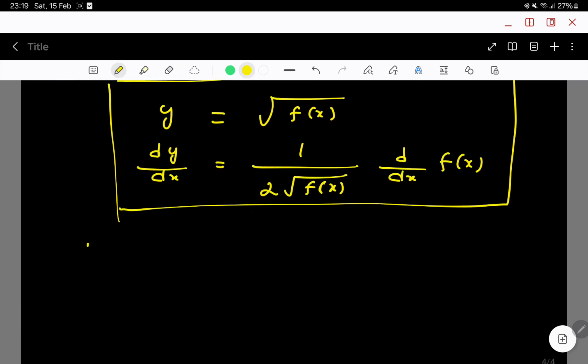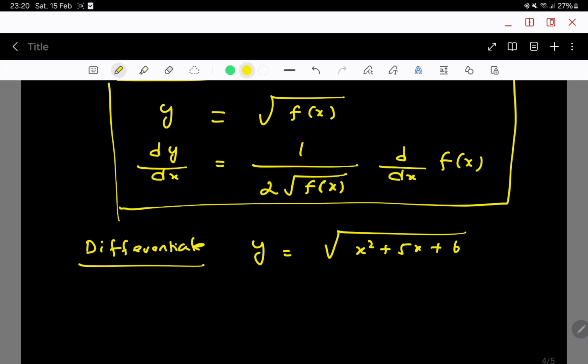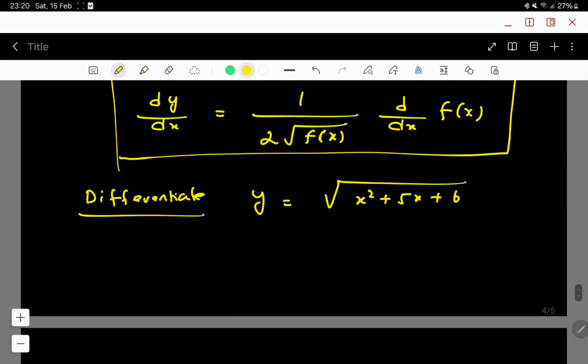For example, differentiate. So y is equal to root of x square plus 5x plus 6, so under root of x square plus 5x plus 6. Here f of x is x square plus 5x plus 6. So to differentiate, we follow this rule.